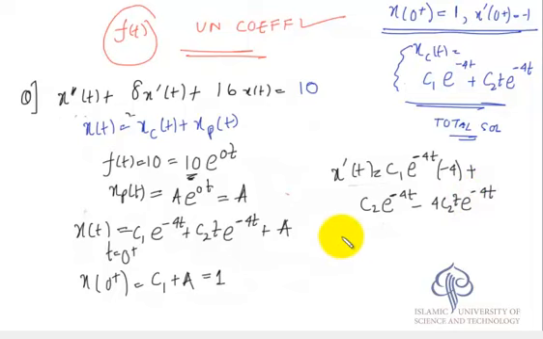Again the same thing, but a is going to be differentiated as 0. So x'(t) at t is equal to 0+, the left hand side you'll have minus 1, on the right hand side you have minus 4c1 plus c2. So these are the two equations that you get.